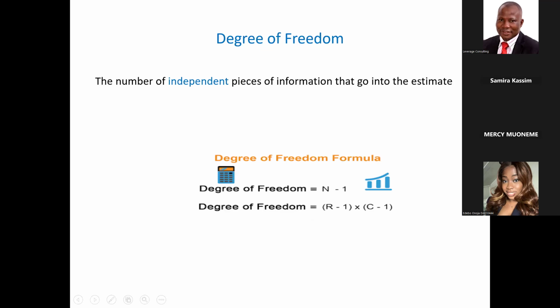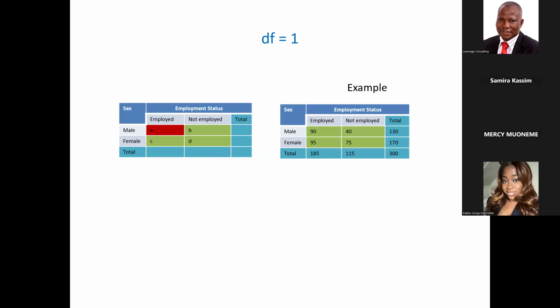The number of independent pieces of information that go into the estimate is the degree of freedom. In chi-square, the degree of freedom is calculated by number of rows minus 1 multiplied by number of columns minus 1. Look at this one, the meaning of the degree of freedom. Here you have 4 cells.